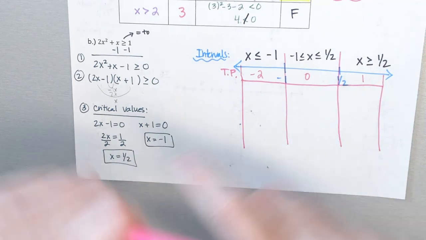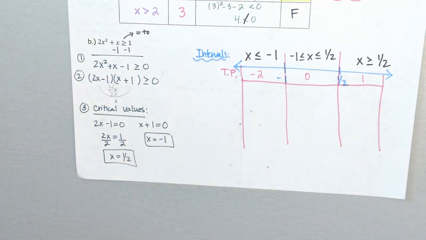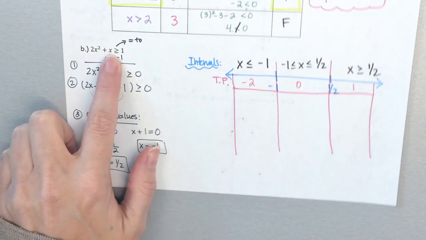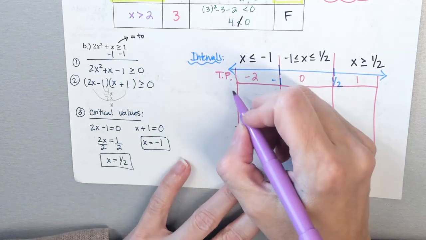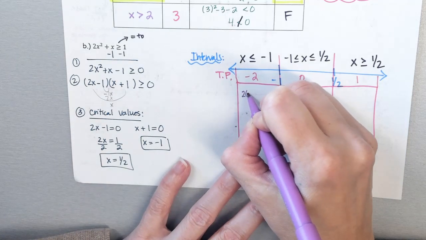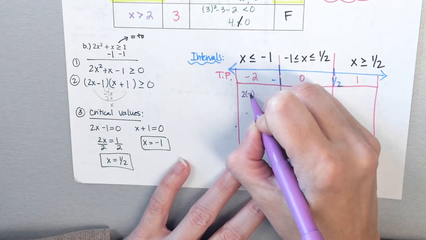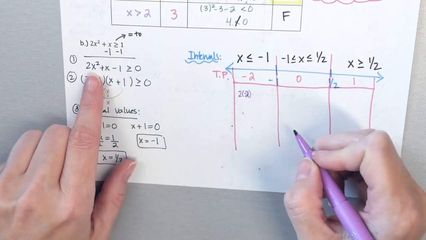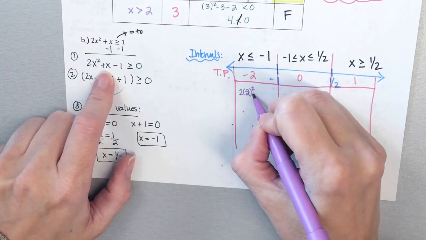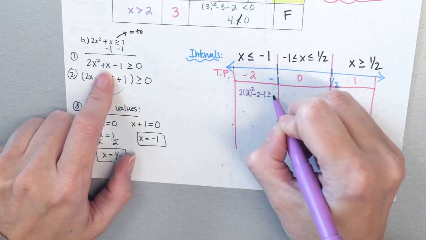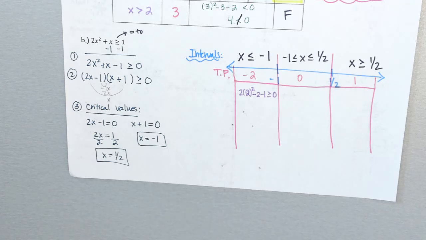Okay, and then when you are plugging these in, you can either plug them into the original or what you got in step 1. So this is -2 you're plugging in. So 2 times -2 squared minus 2 minus 1 is greater than or equal to 0. The main thing I'm looking for here is that final value, and make sure you do your order of operations.